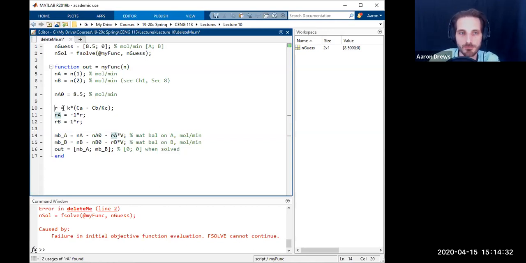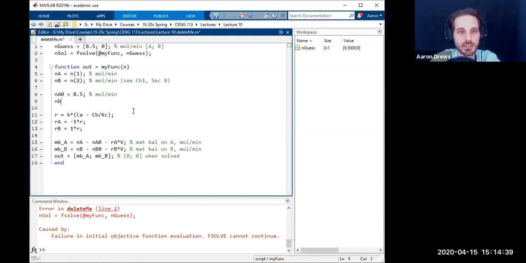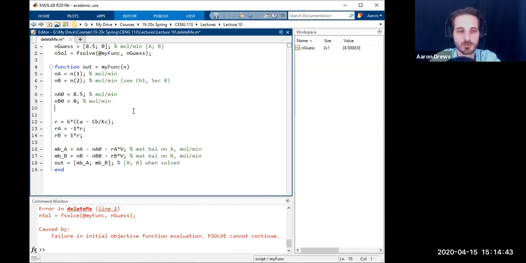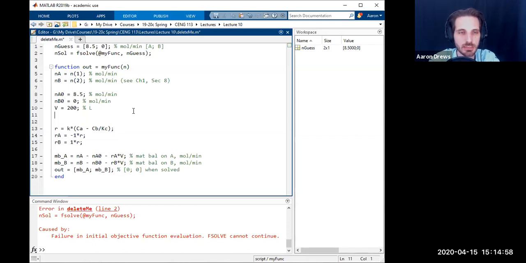So I'm going to continue to work backwards and say, I know I need these particular values. My n sub b0 is 0, because that wasn't involved. We did calculate a few things previously that are helpful here that we could have calculated inside of here but chose not to. We know from the problem statement that there were 200 liters for our reactor, and the inlet volumetric flow rate was 1 liter per minute.